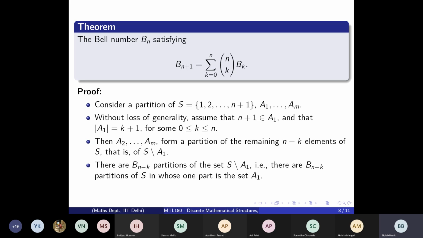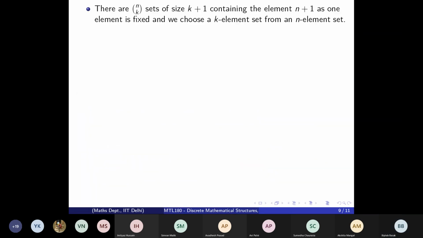We choose k plus 1 elements from n plus 1 elements, but one element is fixed. So we choose k elements from the set 1 up to n. Therefore, the total number is n choose k. Is that fine?